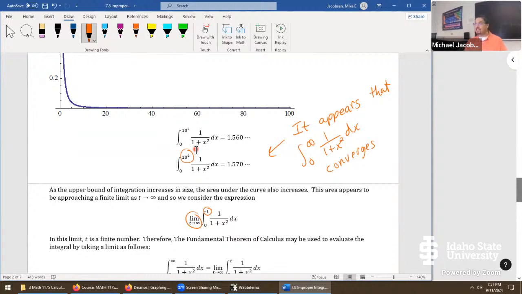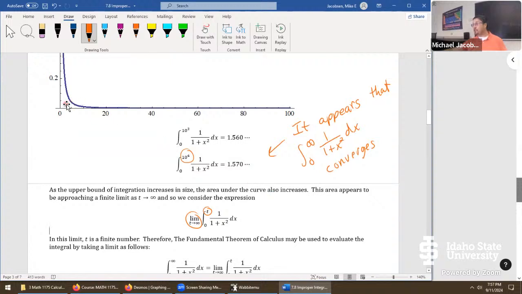That's the trick behind this kind of improper integral. It becomes a question of, as we form the antiderivative and keep on calculating these things through the fundamental theorem, will it stabilize? Does the limit exist? If it exists and it's a finite number, we say it converges, and the integral equals that number.